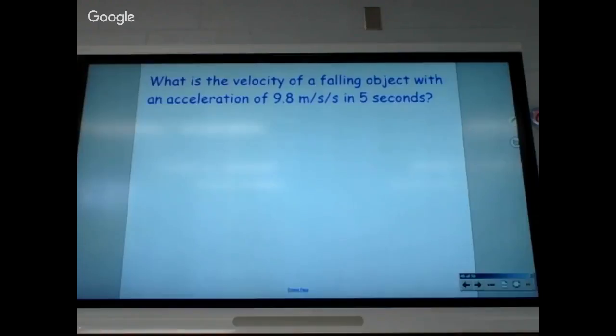Now, often people look at this and they think, oh, this one asks for velocity. So what's the first formula they think of when it says velocity? There's no mass in velocity. What's the formula we learned yesterday for that?